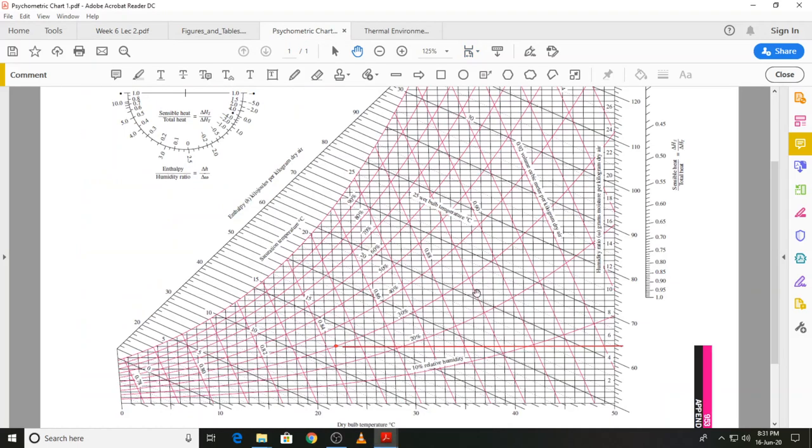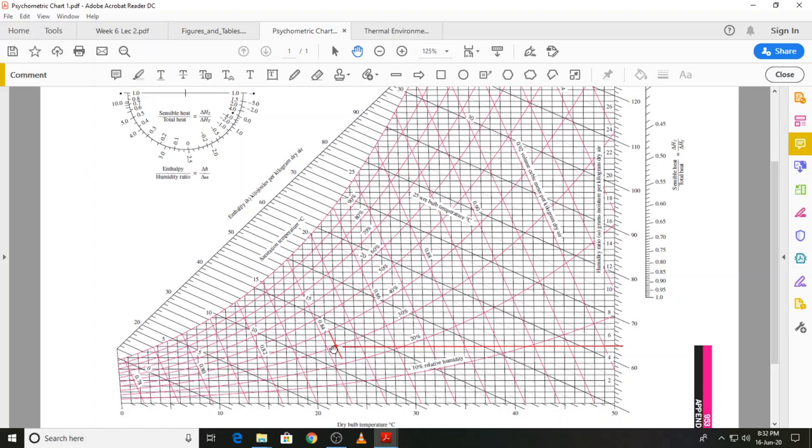If you look at the constant specific volume lines, you can see the line that we have over here has a specific volume of 0.84 meter cube per kilogram dry air. And this is the line that will be read to find out the specific volume of the moist air sample over here.